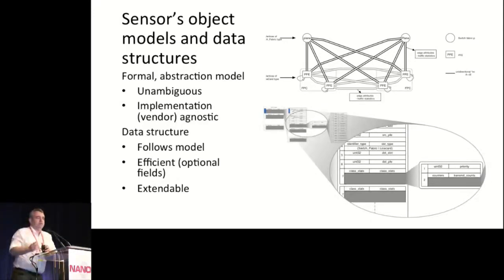And then the data structure follows it, right? So the fabric is described as a set of edges. And each edge has the set of attributes, and these attributes do not have to be the same at every edge.